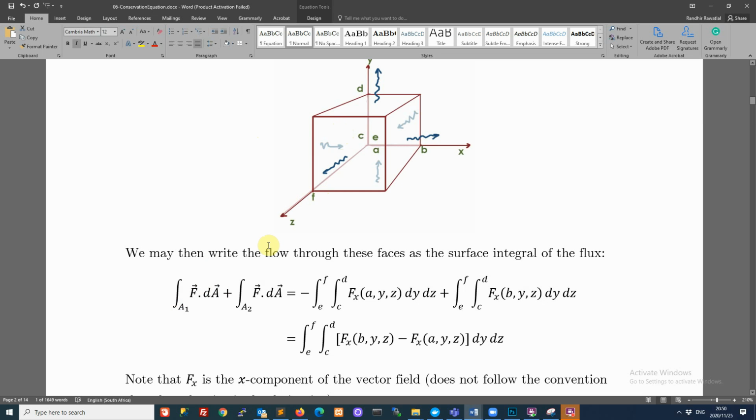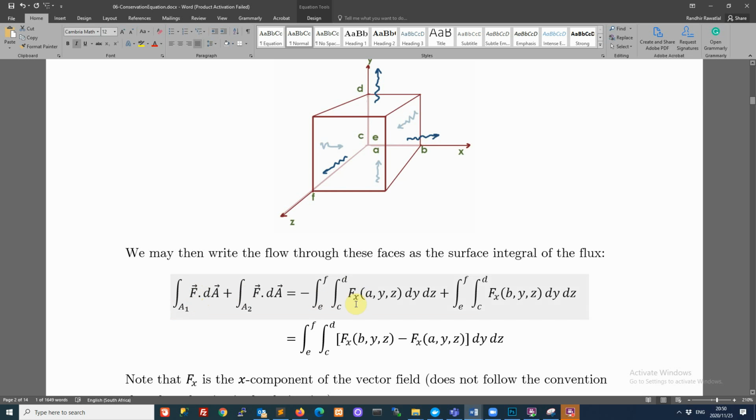Now we've defined the vector field f to be positive in this direction for increasing values of f. That means at this point the default is that the vector field f is pointing into the space. So the area A is pointing out of the space. So these vectors are in the opposite direction. So the dot product is going to give us a negative, and it will give us the value of f.